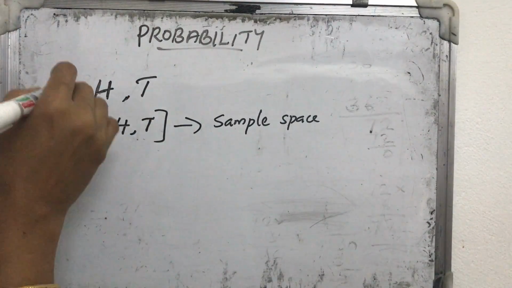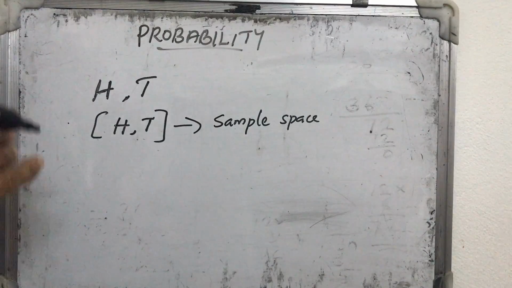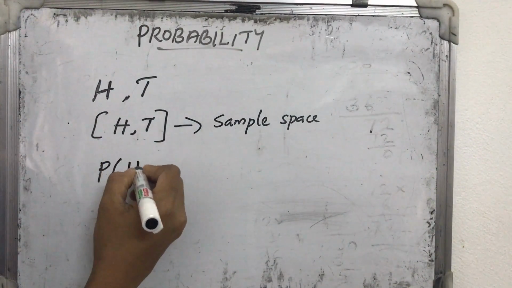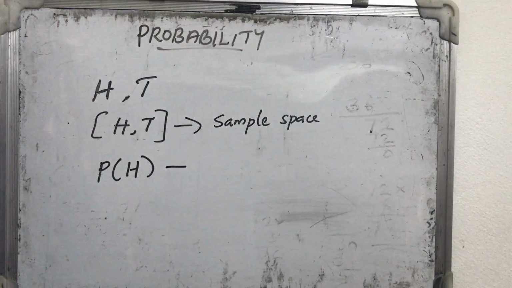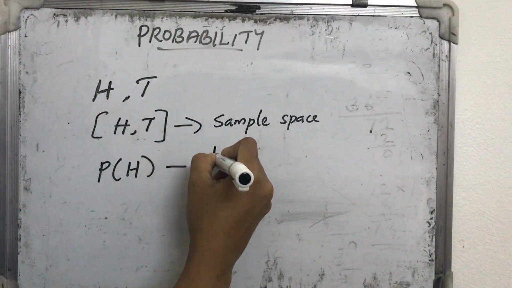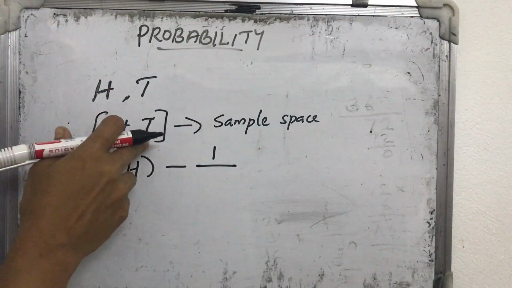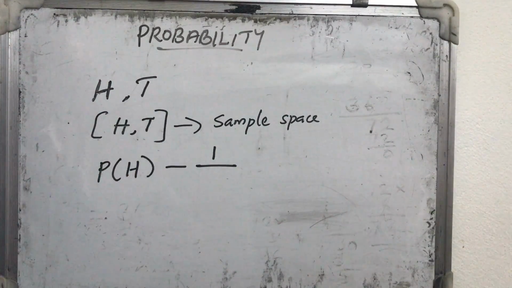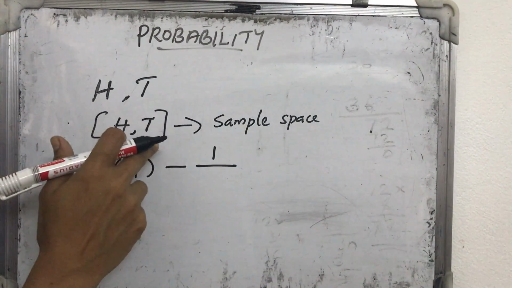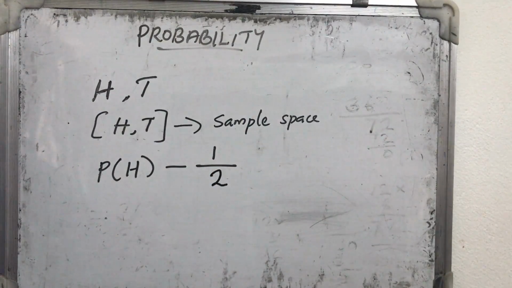What is the chance of getting head? We represent it as the probability of getting head. There is only one head, so the numerator is 1. In the denominator we write the total number of outcomes in that experiment. When we toss a coin, there are 2 outcomes, head and tail.